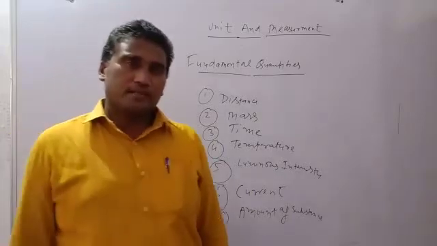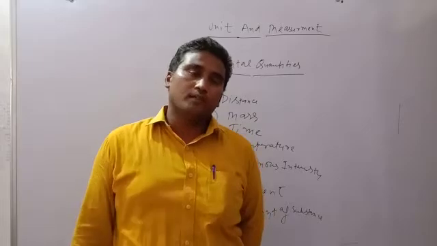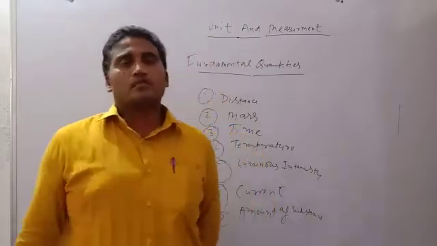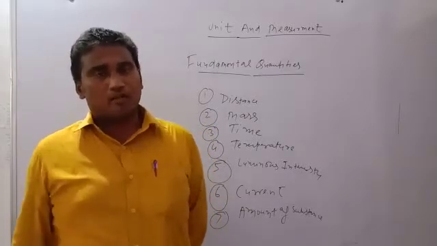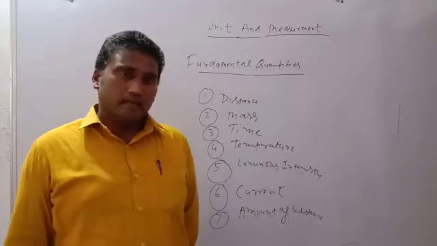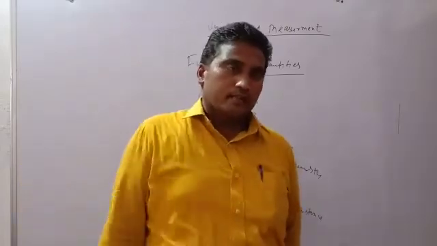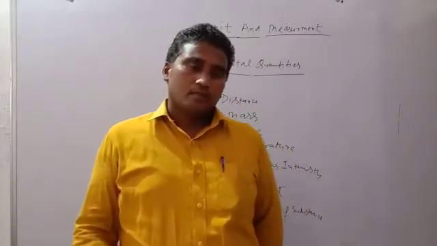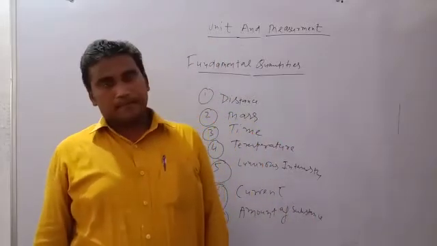Luminous intensity is generally the ray of light crossing a crystalline structure per sectional area. Current is the rate of flow of charge. Amount of substance is the actual measurement of any substance or matter.